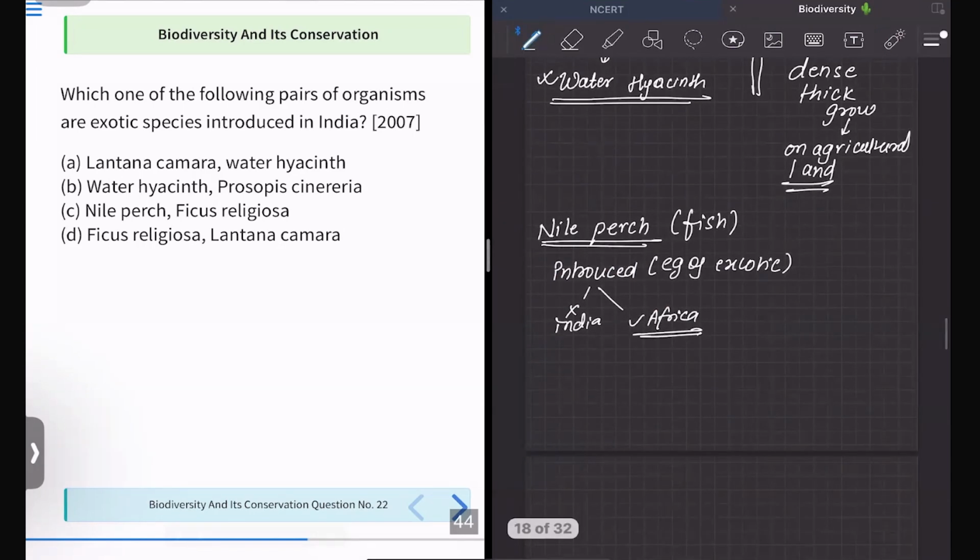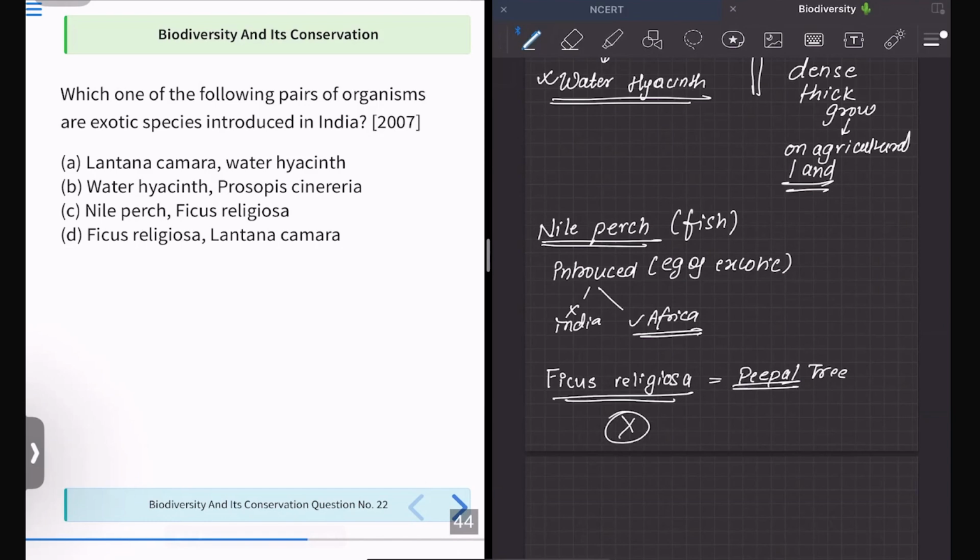In one more option, a botanical name is given: Ficus religiosa. It is the botanical name for our common peepal. And do you think the peepal tree or plant is exotic? No, it is very, very Indian in origin. Okay, it has Indian origin. So Ficus religiosa can't be the correct option.